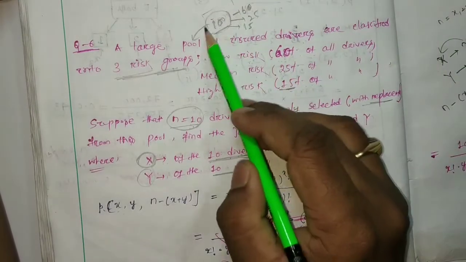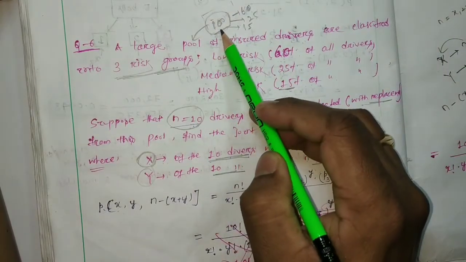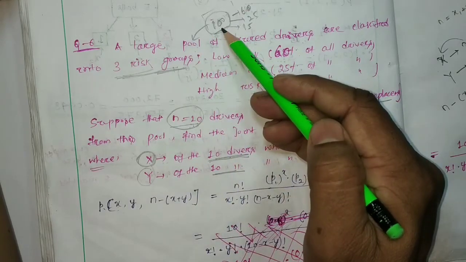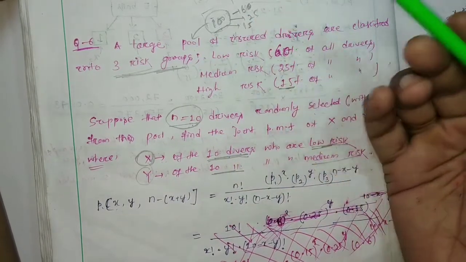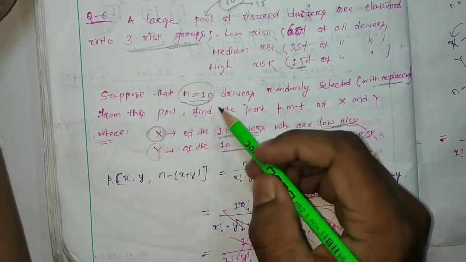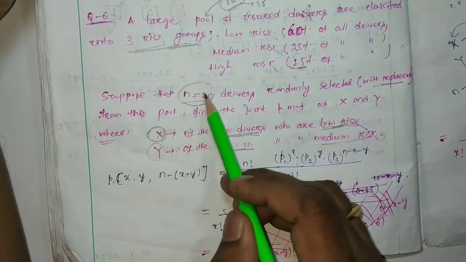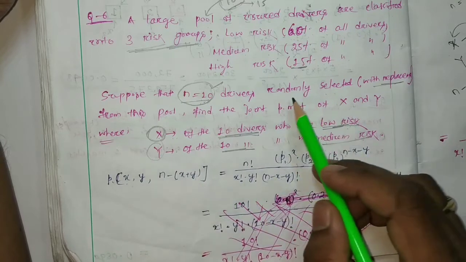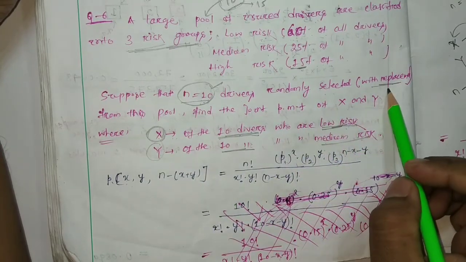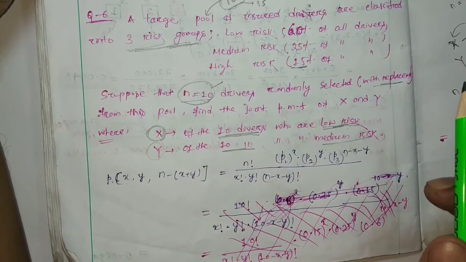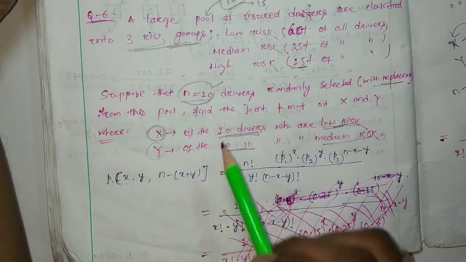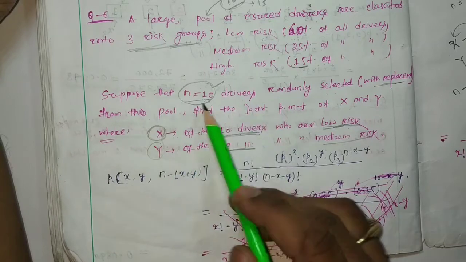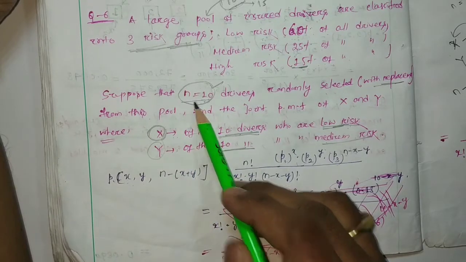Here I gave the example of maybe 100 persons in the pool, but this number can be anything. Okay, that may be 1000, that may be 2000, whatever it may be. So suppose that n equal to 10 drivers, you are going to select randomly with replacement. With replacement means you have to use the multinomial distribution, from this pool. Okay, so from this pool we have to select randomly 10 drivers.